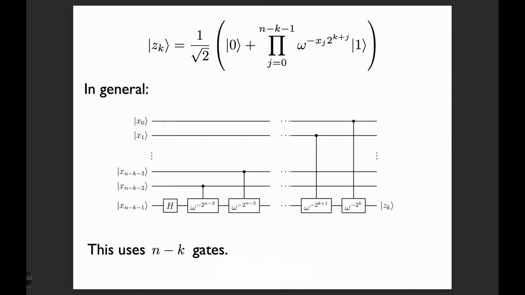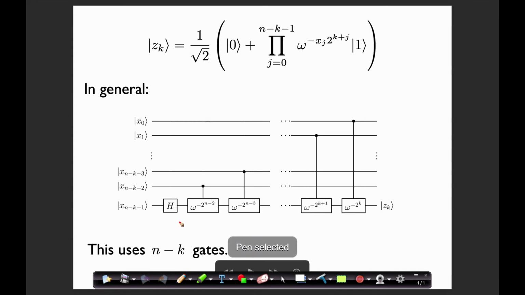Okay, so now we've seen two special cases. Let's try to do the general case, so let's create the state z_k. It goes in the same iterative way that we saw in the first two cases. As we said, z_k only depends on the least n minus k significant bits of x, so it depends on the bits x0 up through x_{n-k-1}. Let's work out the first couple of terms.